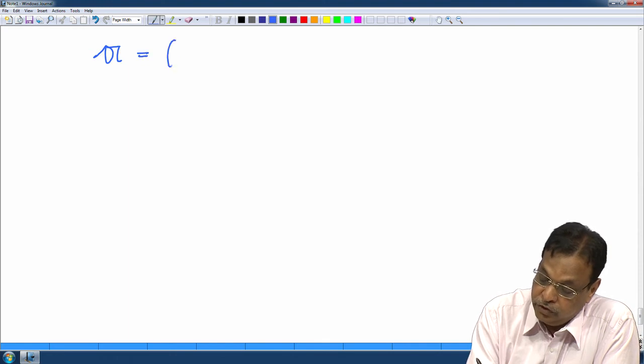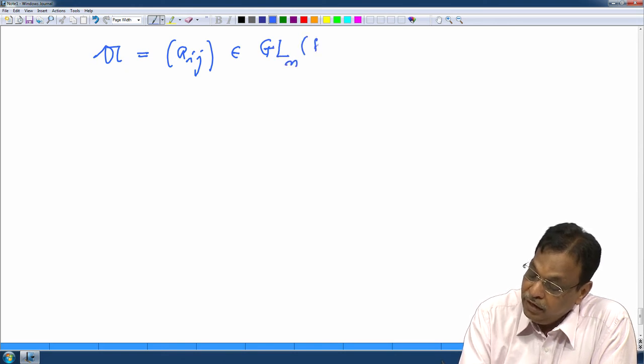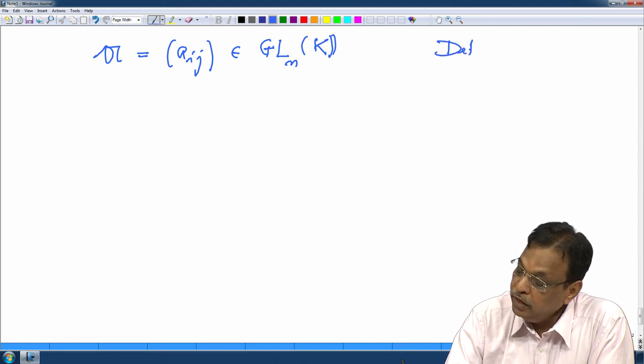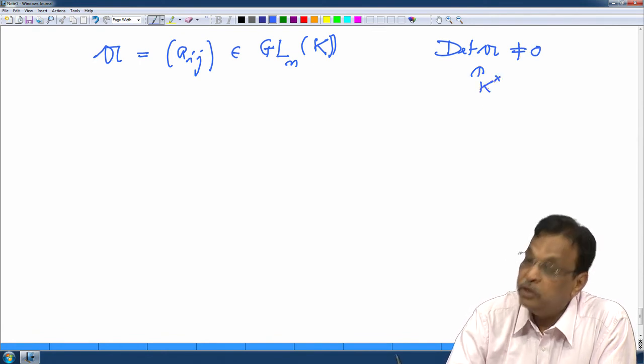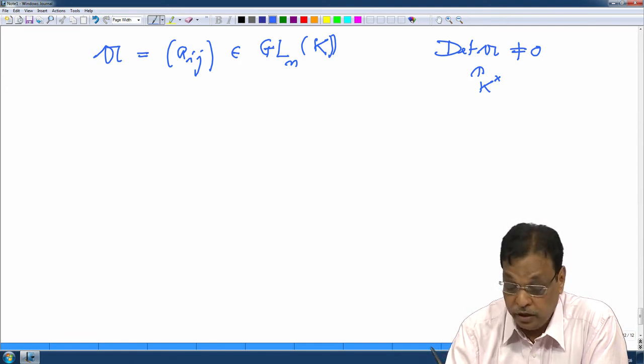A is a given matrix, and we also know for sure that it is invertible. And how do we check that? For this, checking is easy. We just compute the determinant of A and check that the determinant of A is non-zero. That means it is an element in K cross, and we know that if the determinant is non-zero, then the matrix is invertible. This we already noted earlier.